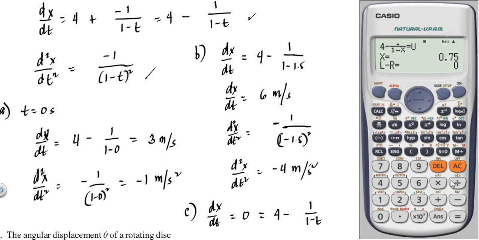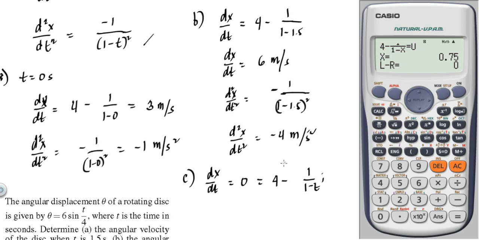Equals 0.75. That is the answer. So, the time is 0.75 seconds. So, t is 0.75 seconds. That is the answer.